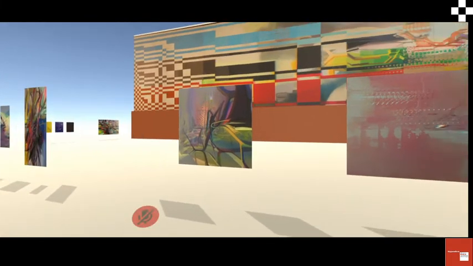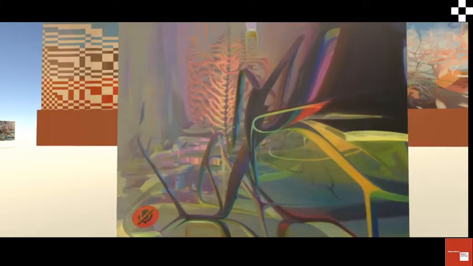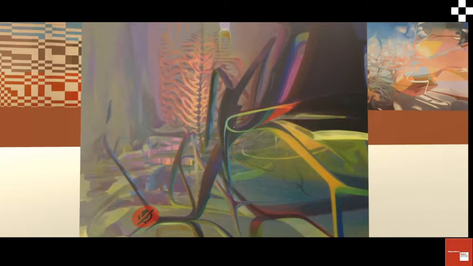This one is in my parents' house now. My father really liked it, so I gave it to him.